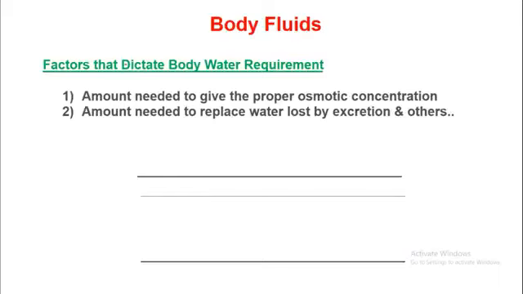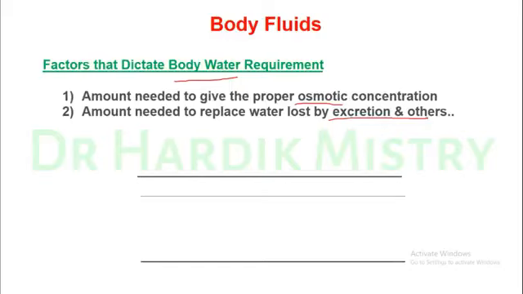Body fluids: factors that dictate body water requirements. First, the amount needed to give the proper osmotic concentration, and second, the amount needed to replace water lost by excretion and others. So these are the factors which dictate body water requirements.